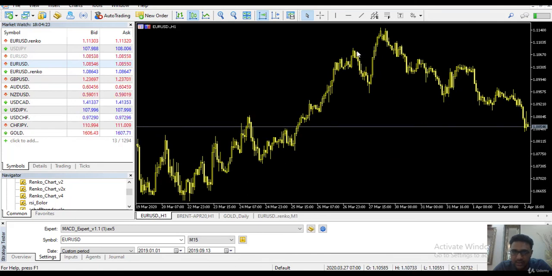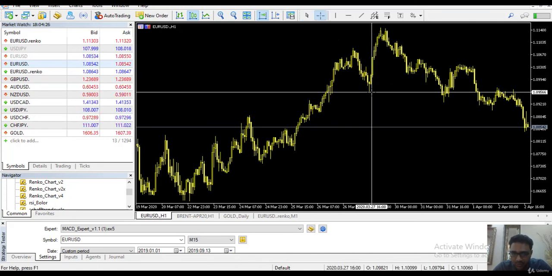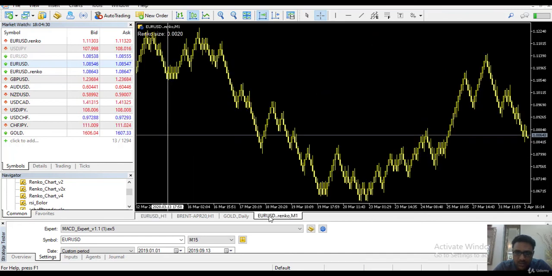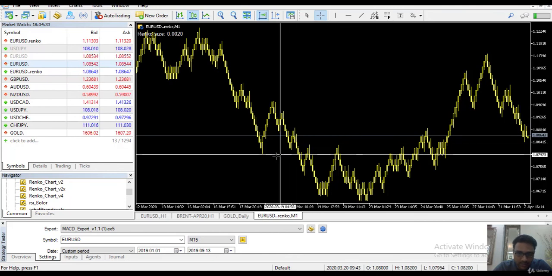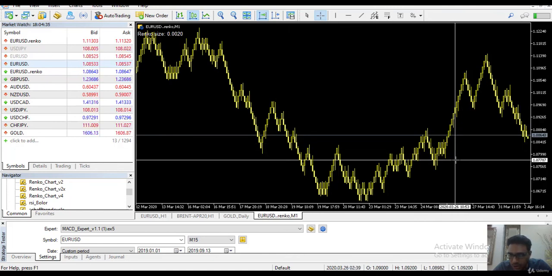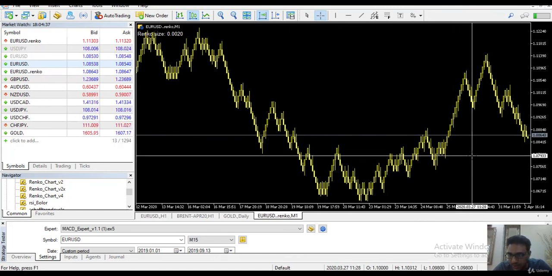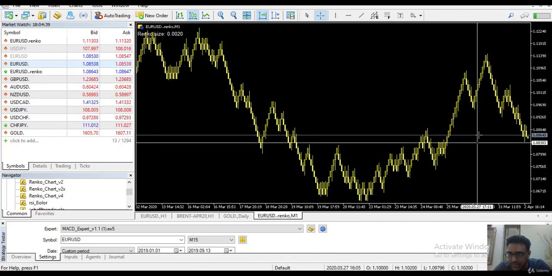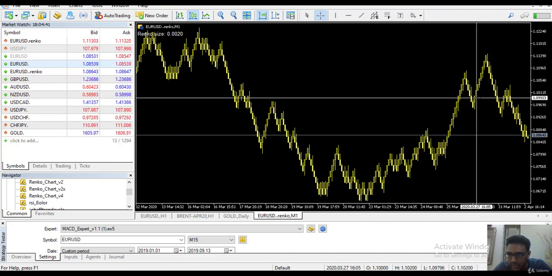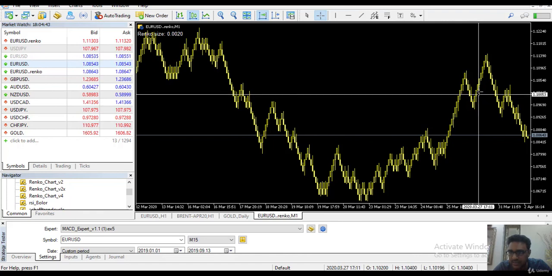Let's watch the other candle we used to look at. We were looking at this area. This was 27th of March, 5 p.m. Yes, I think this is the area. This is the one.